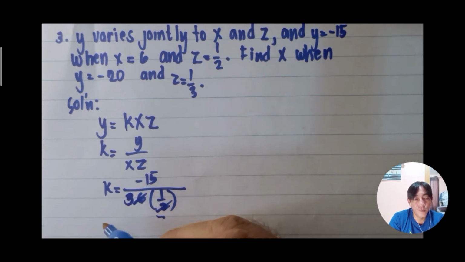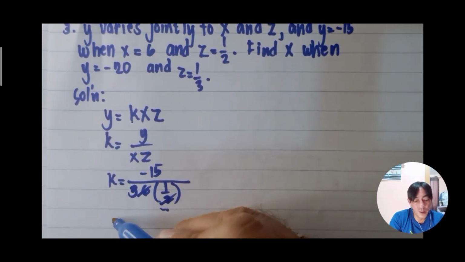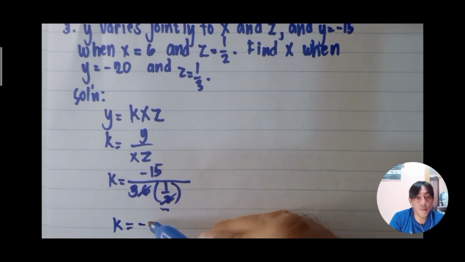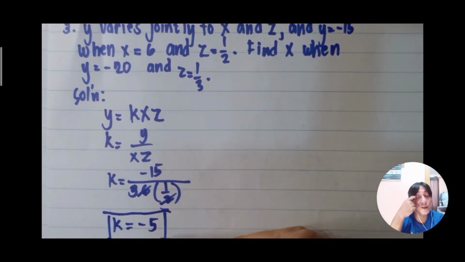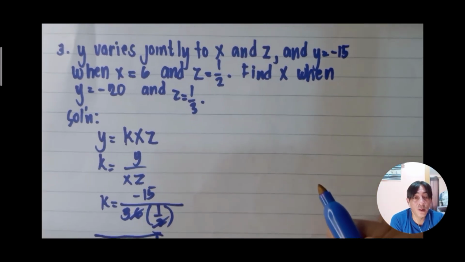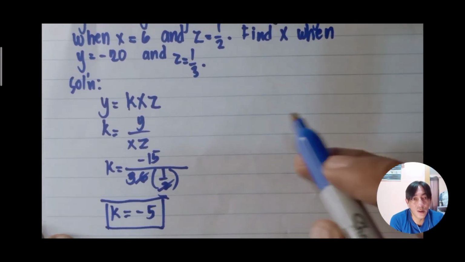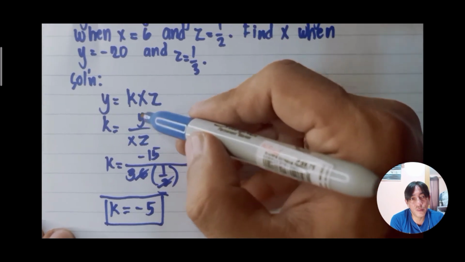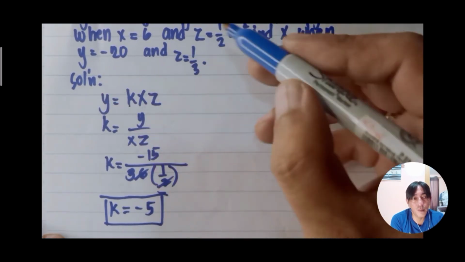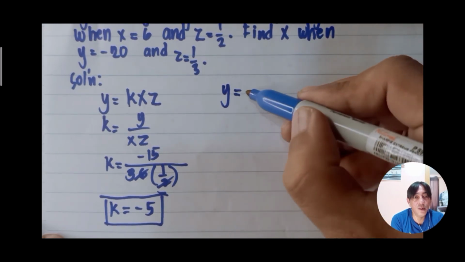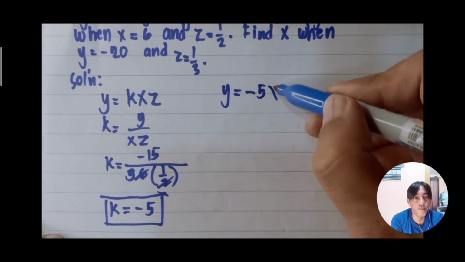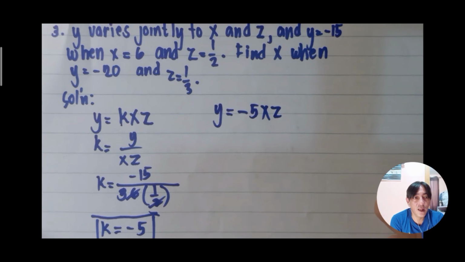And also, negative 15 divided by 3 is negative 5. So, i-box natin. Yan na ngayon ang value ng ating constant, negative 5. Na i-substitute natin dun sa mathematical equation para mabuo natin ang equation of variation. So, y now will be equal to negative 5 times x times z.